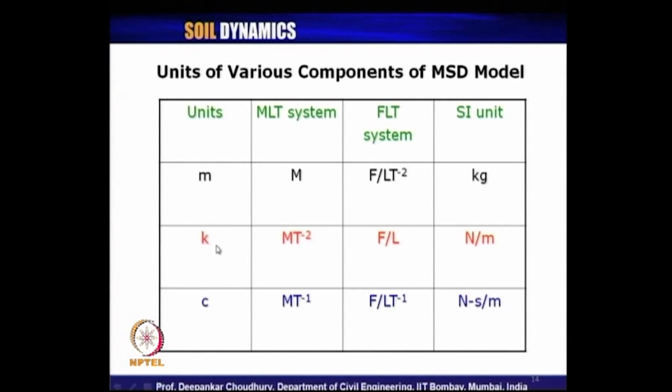For spring constant, the unit in the FLT system is force by length, and for the damper, the unit in the FLT system is force by velocity, so F L^-1 T. The commonly used SI units, which are now used worldwide, are: for mass we generally use kg, for the spring stiffness we use Newton per meter, and for the damper we generally use Newton second per meter.